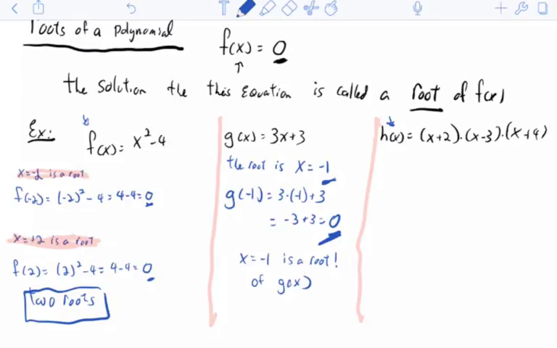The roots here are x is equal to -2, x is equal to plus 3, and x is equal to -4. Let's check each of these. H of -2. You don't need to actually write your polynomial in fully expanded form to evaluate it.